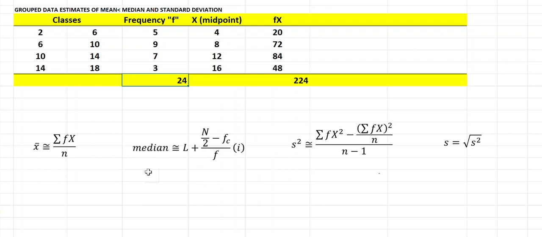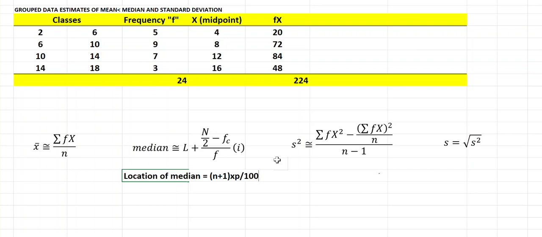To compute the median, you need to find the median class. That's the class in which the median will reside. So the location of the median is equal to, if you recall, n plus 1, times p over 100.